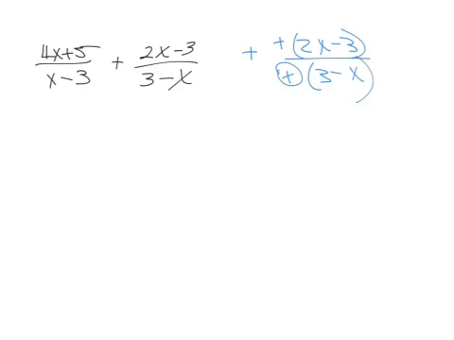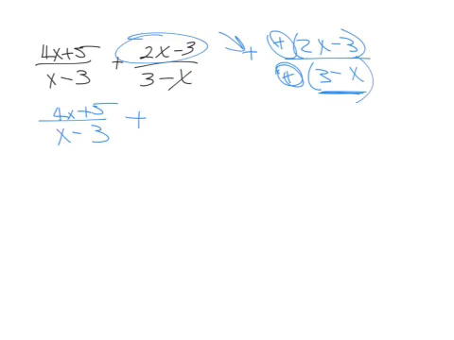We know we're going to change that one because these signs have to be different. But let's change this one, and we'll leave this plus sign alone. So we get 4x plus 5 over x minus 3, and we'll leave that as a positive, but we'll change that to a negative. And we'll change this one to a negative.